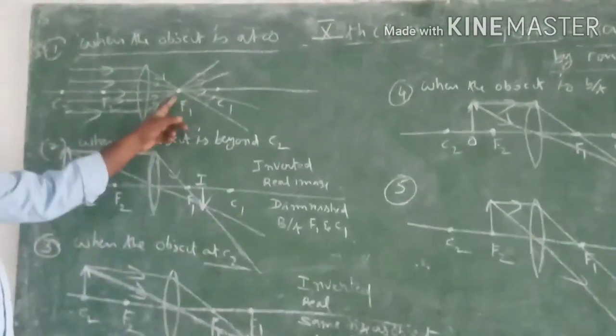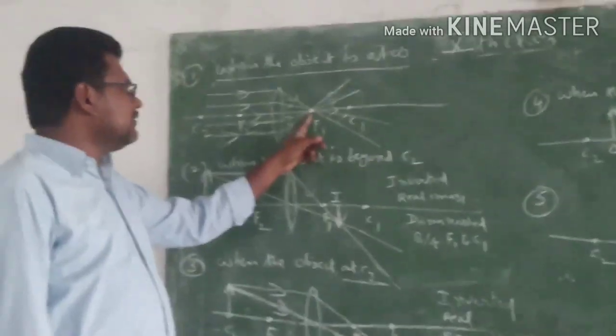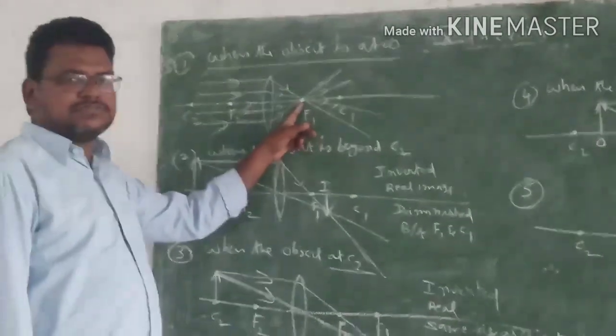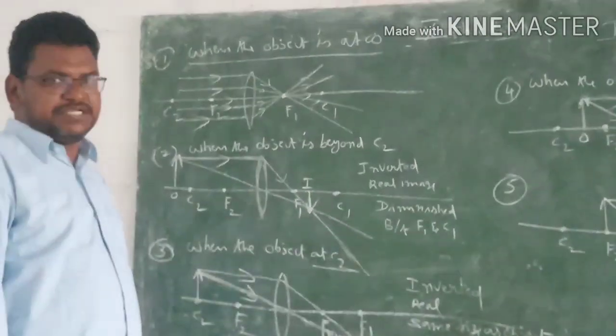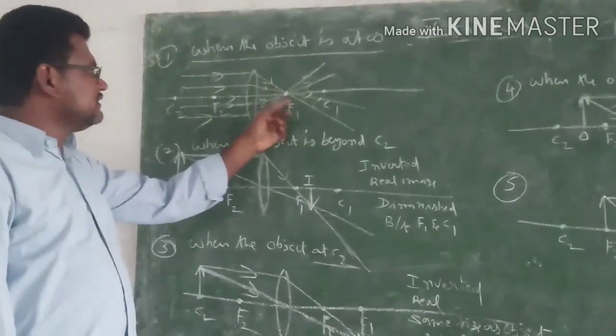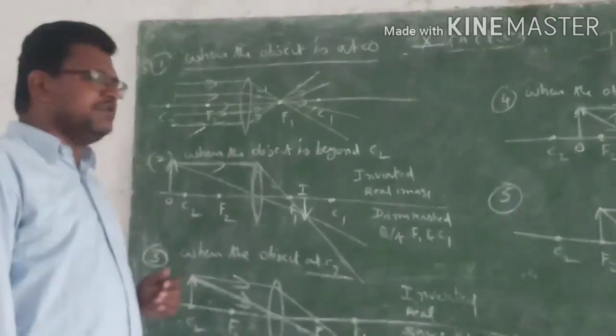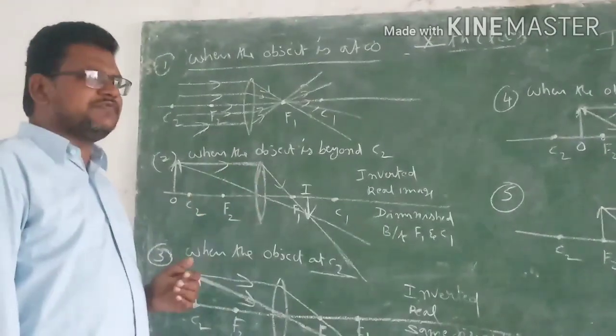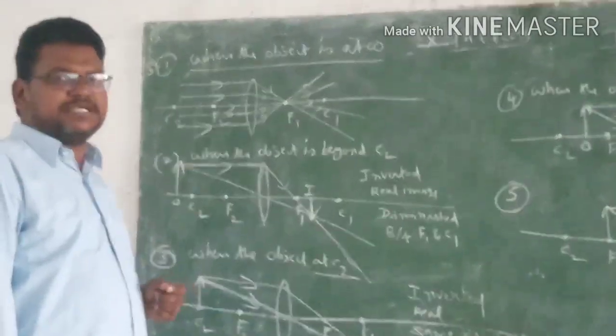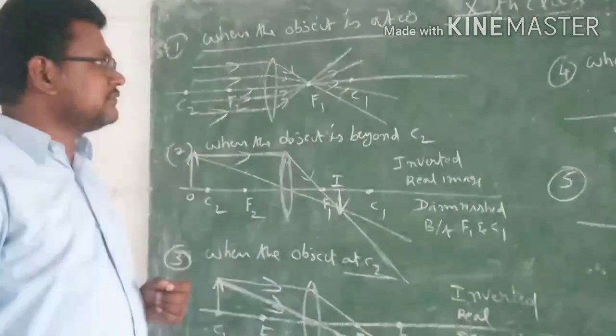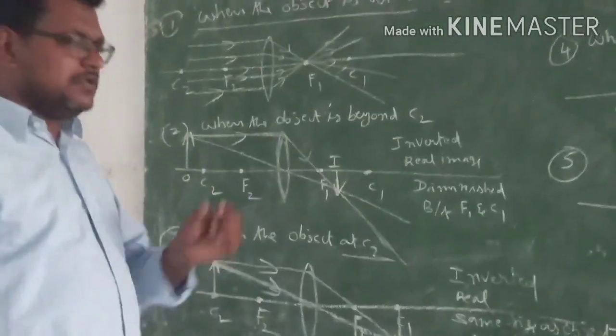This is the point image of a point object. So here we use two types of objects, point object and extended object. A point object means an object of point size.